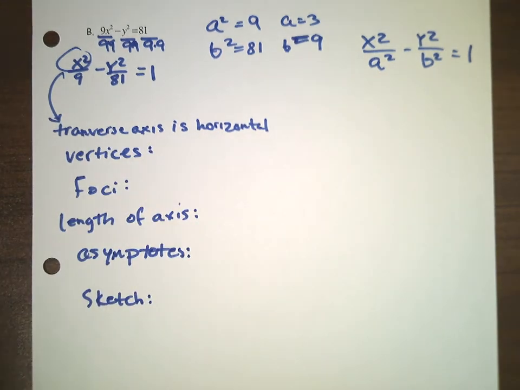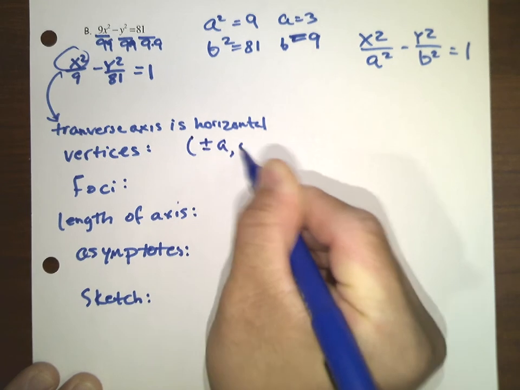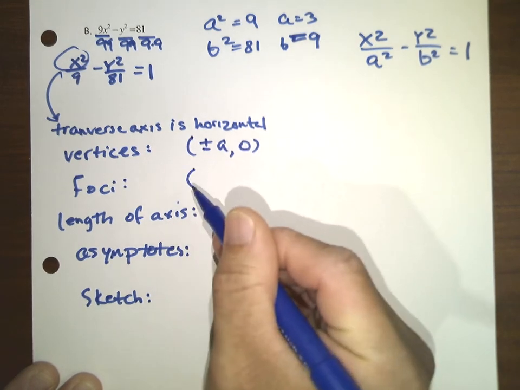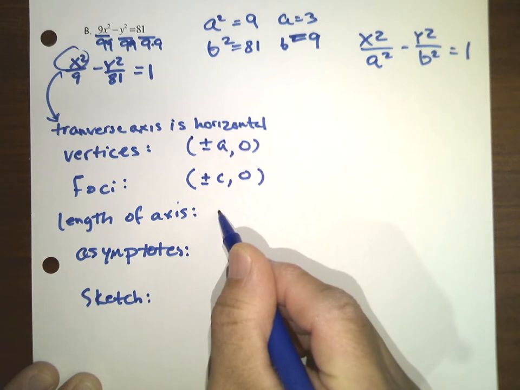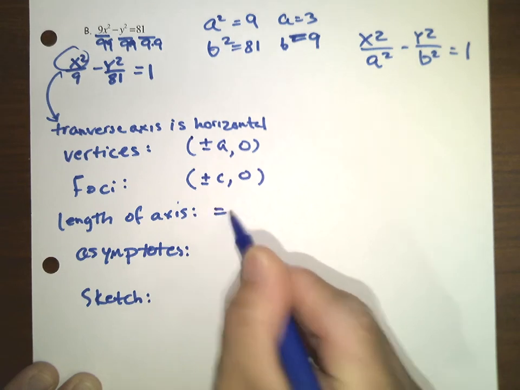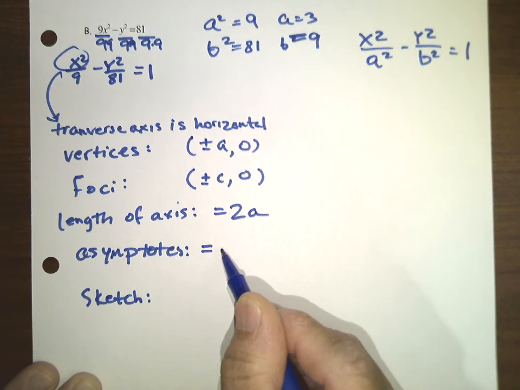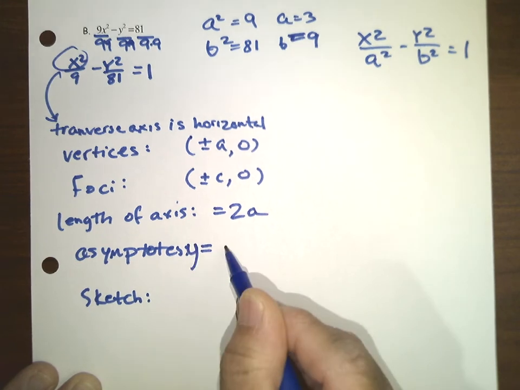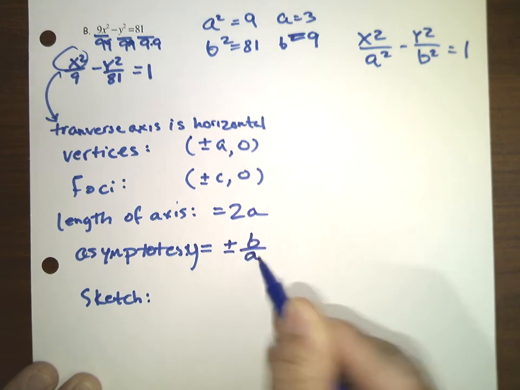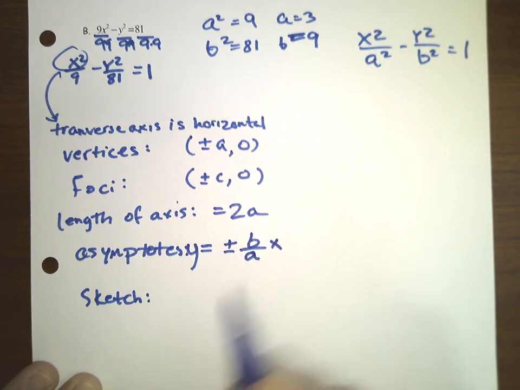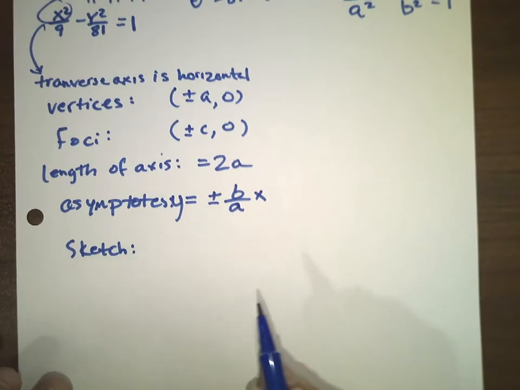The vertices are at plus or minus a, 0, foci at plus or minus c, 0. The length of the axis is still 2a. The asymptotes are y equals plus or minus b over a x, and then we can draw the sketch of this in a second.